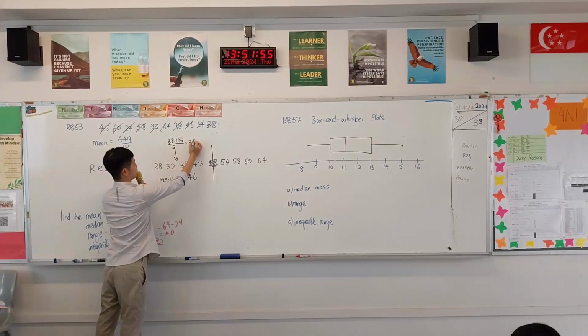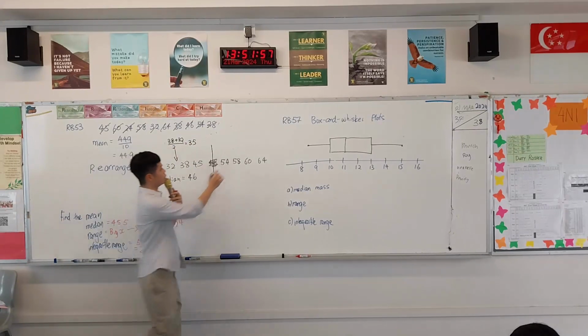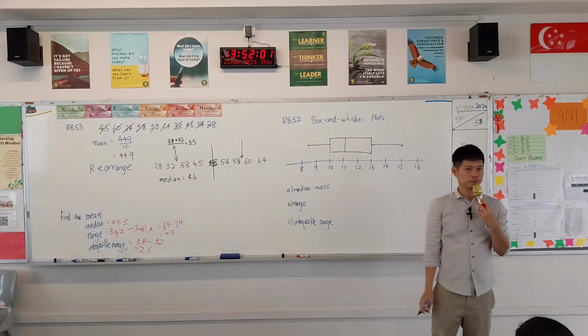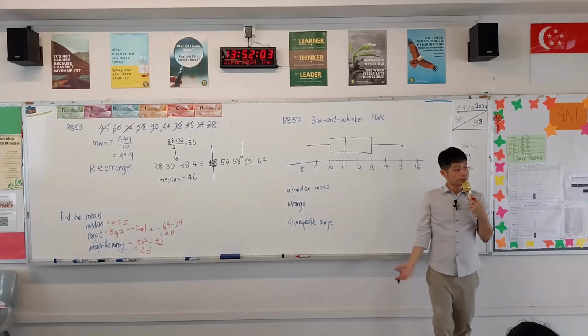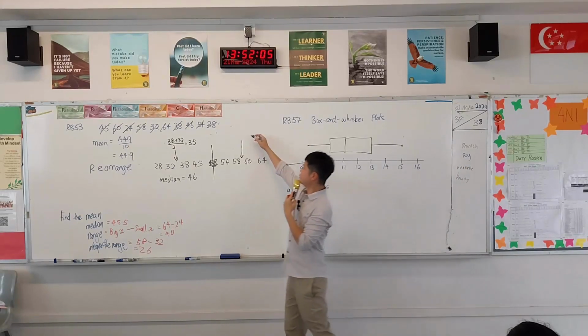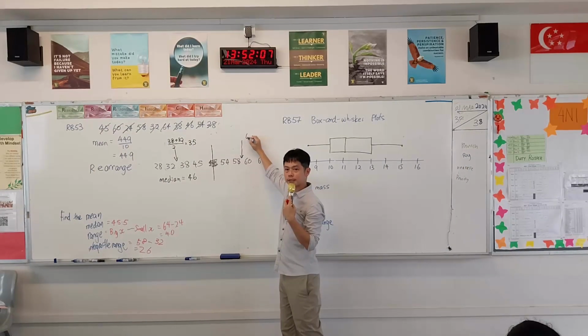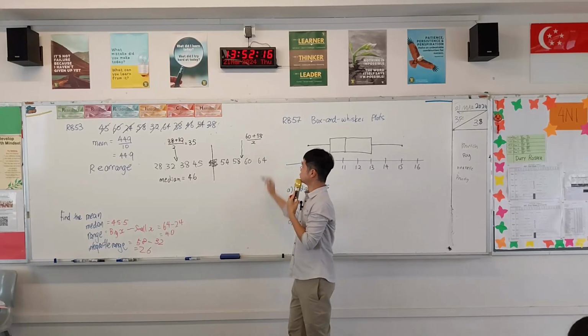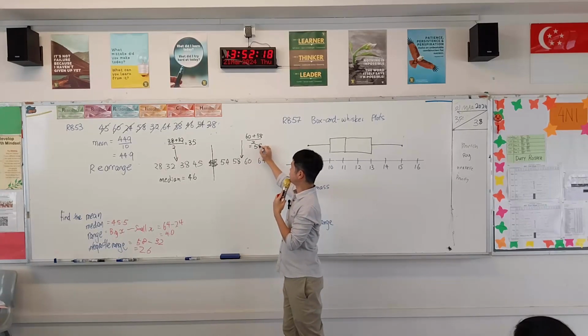That is how I got 35. Okay, let's try again. Where is the middle of this? Okay, 59, quite obvious. If you don't know how you got 59, just use 60 plus 58 divide by 2. So answer is 59.